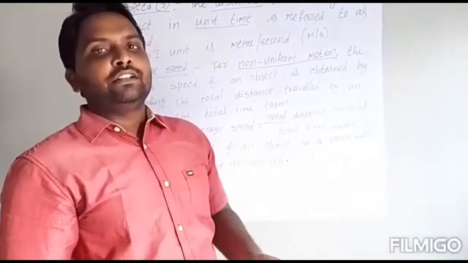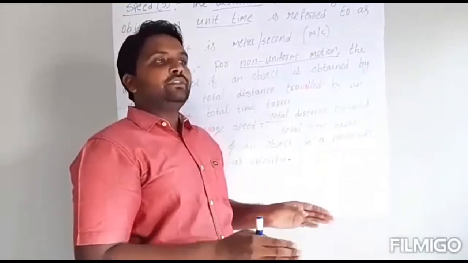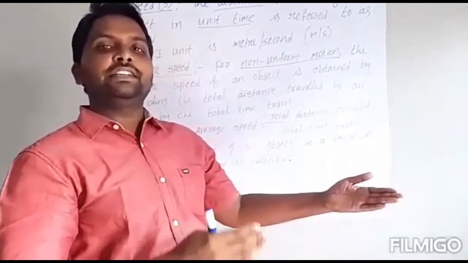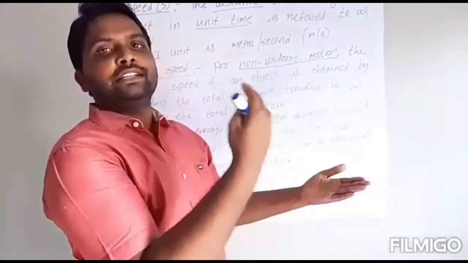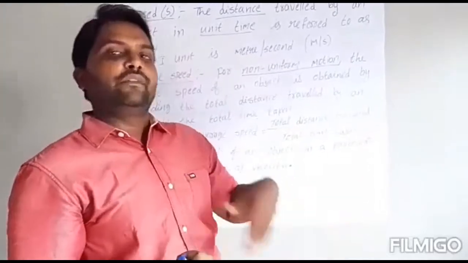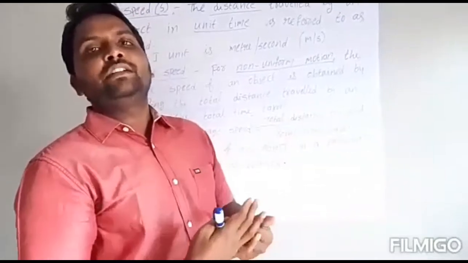You can't say that here. But in uniform motion you can say. How? The car goes 5 kilometers in 5 minutes. After that, the same car again goes 5 kilometers, taking 5 minutes. After that, again for 5 kilometers it is taking 5 minutes.